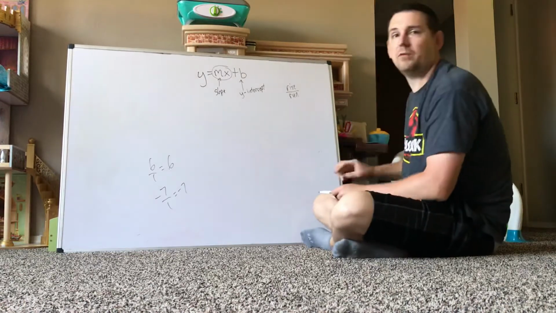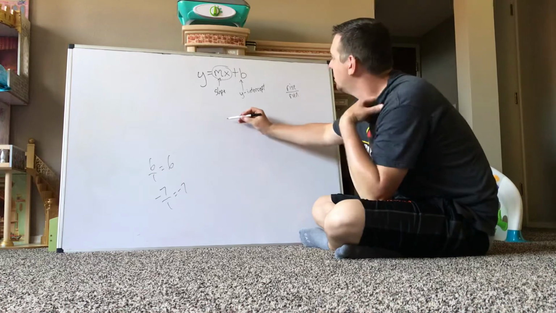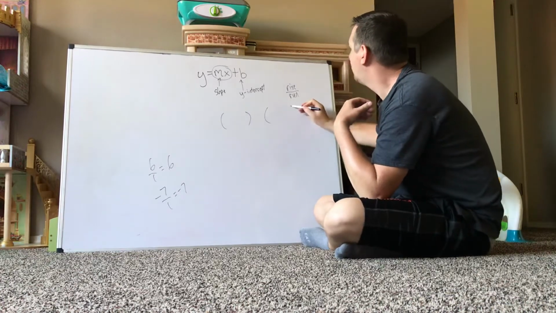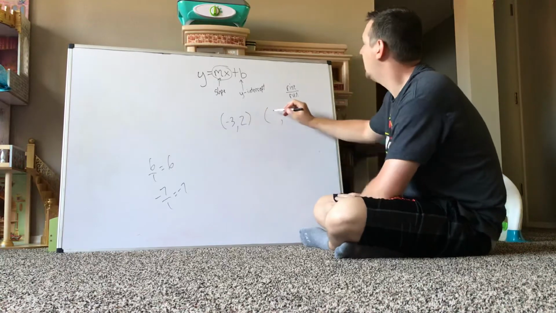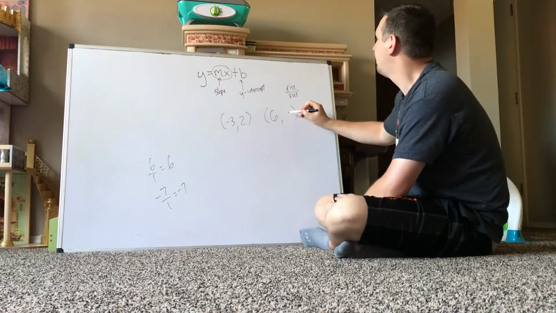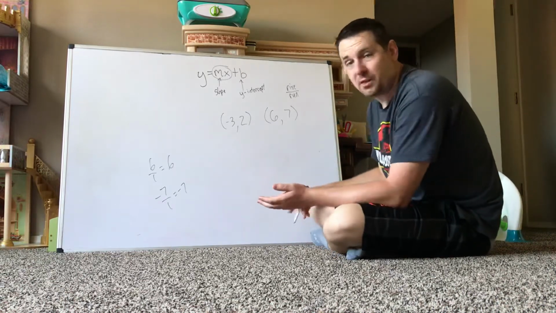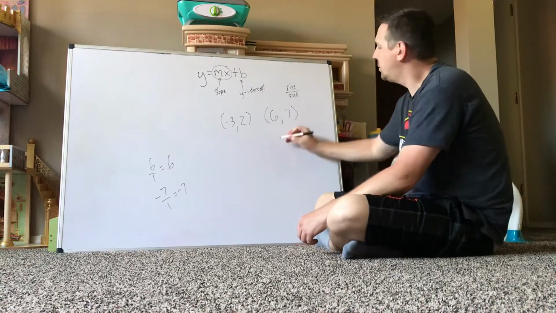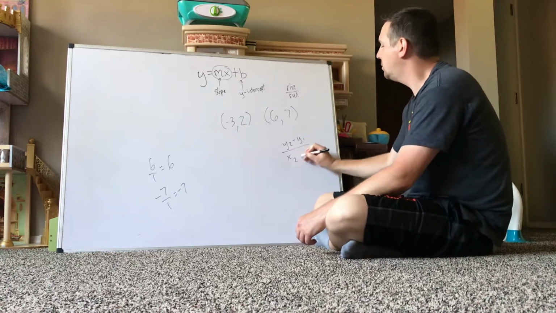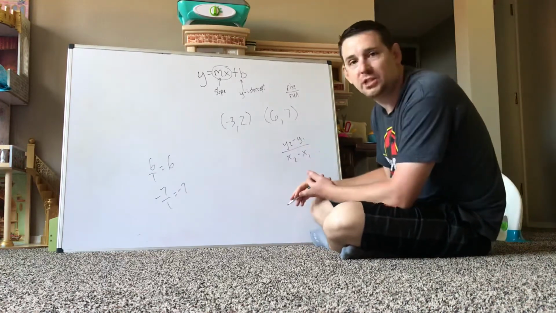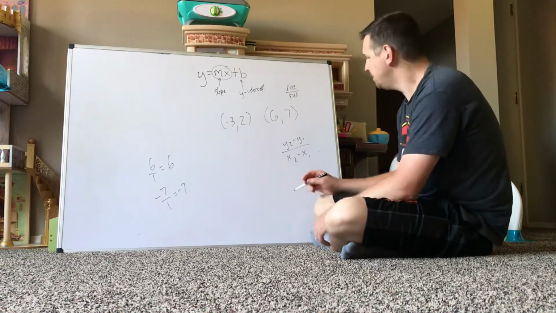I'll do another solving one. Actually, no, let me do the slope. So there's one question on your form that was like, what is the slope of this line? Okay, there's a slope formula, which is y2 minus y1 over x2 minus x1. That looks like Chinese to most of you, unless those of you speak Chinese.